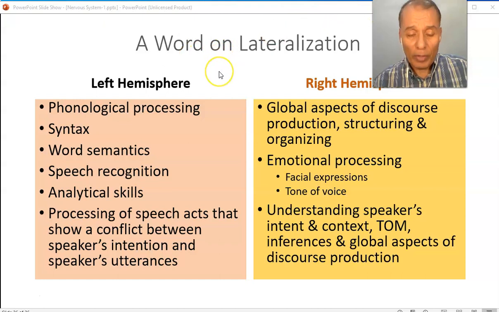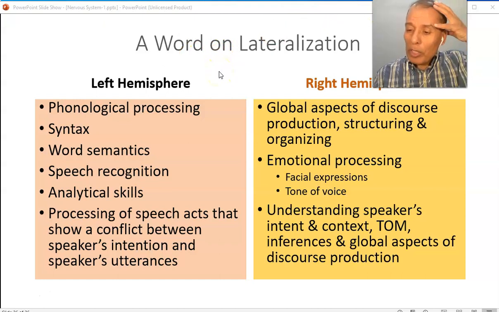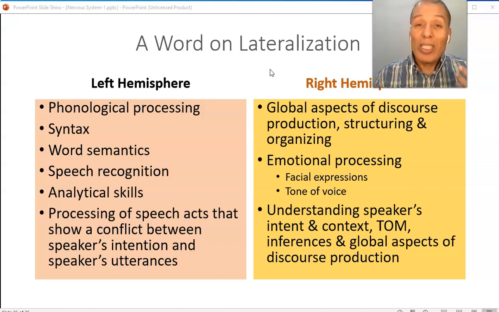So the left hemisphere is specialized in the fundamentals of language, the basics of language. It has the vocabulary, the phonemes, phonemic processing, sentence processing, production of words and sentences, and the ability to comprehend and recognize speech.